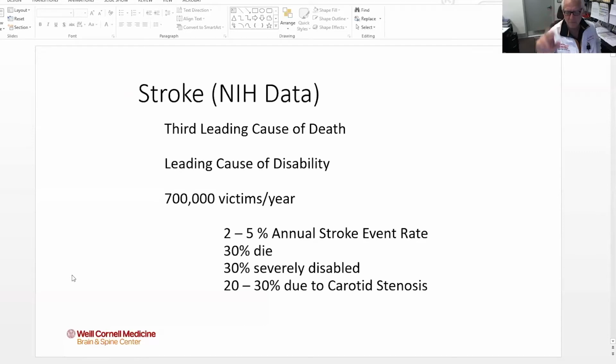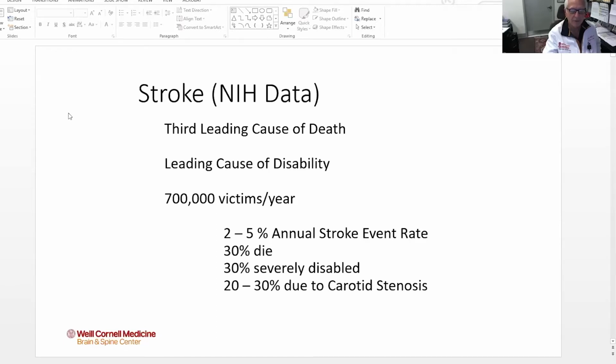The numbers kind of go up and down depending upon people's diets, actually. But the annual stroke rate is about 2 to 5%. And unfortunately, 30% die, 30% are severely disabled. And the most common etiology for a stroke, 20 to 30%, is secondary to carotid stenosis.